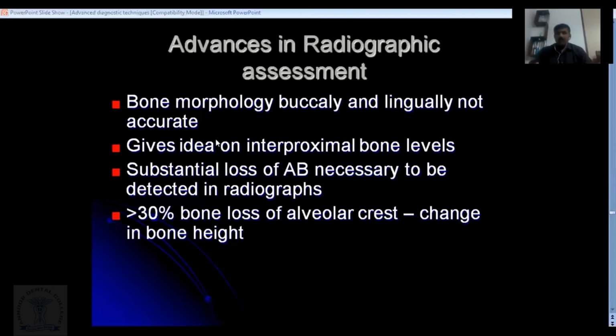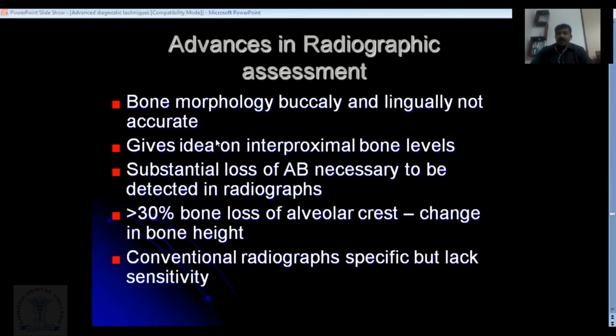And for overcoming these and diagnosing accurately the radiographic changes associated with periodontal disease, you have to have certain advances. And that is what we're going to discuss in this chapter, advanced radiographic assessment. This part is a separate essay question for you.